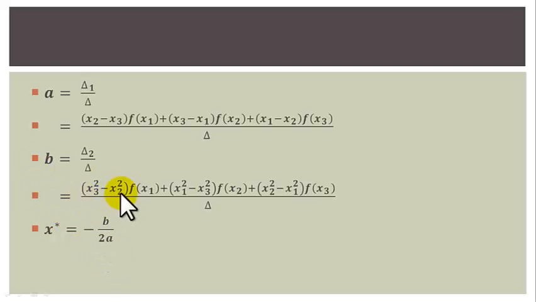So dividing b, that is this expression, by 2 times this expression, you will notice that the delta will cancel out.